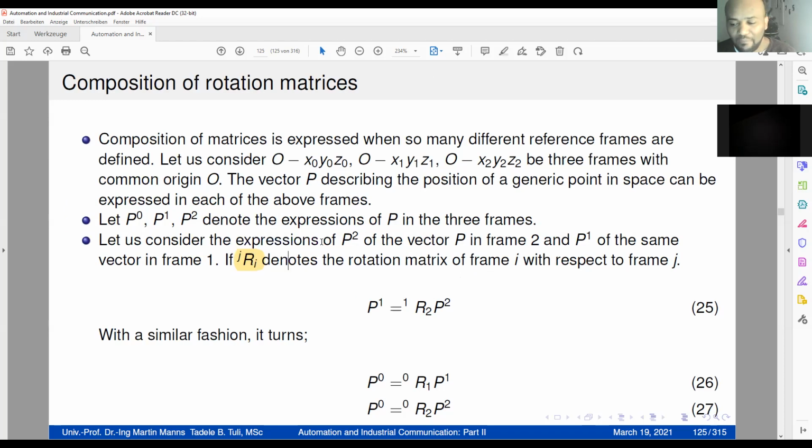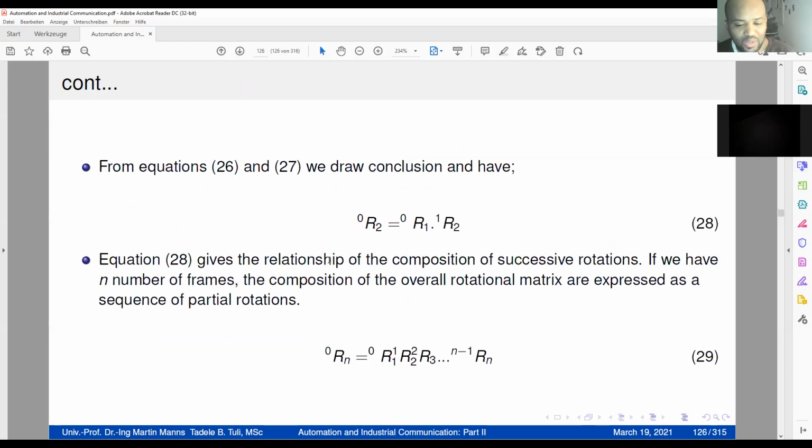And the other point we should look at is, if you have a sequence of points, as we discussed yesterday during the tutorial, there is point 1, point 2, the pick position, and the place position. Between these points there was a transformation from one frame to the other frame.